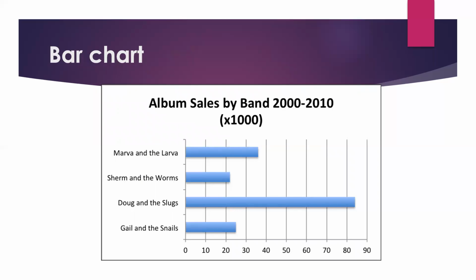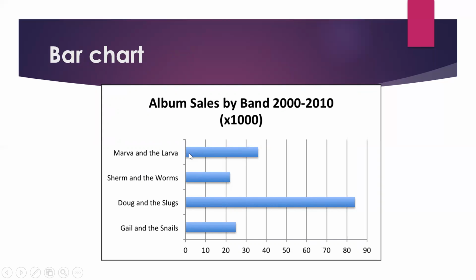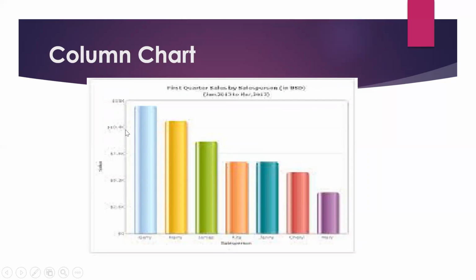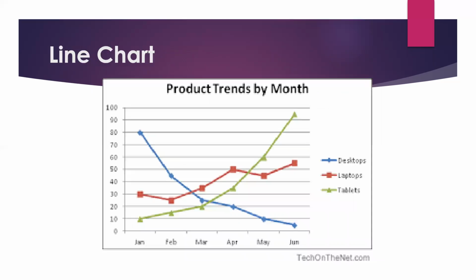But the column chart displays vertical bars, whereas the bar chart displays horizontal bars. The column chart's y-axis has values, but the bar chart's x-axis has values. So this is about the bar chart.